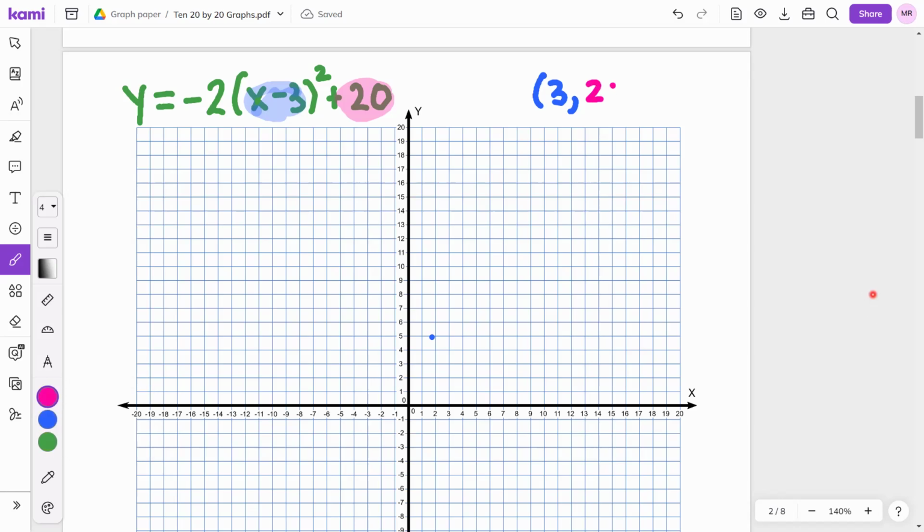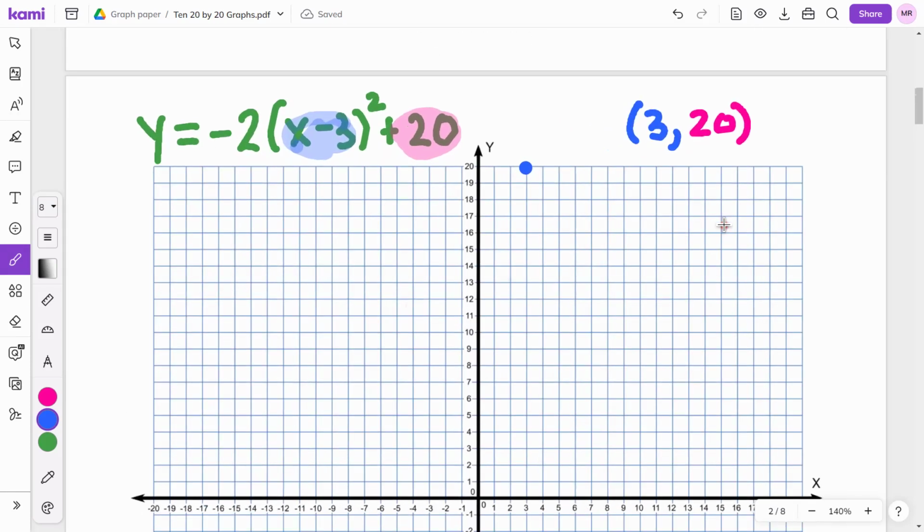Okay, 3, 20. And that's where I'm going to start my graph. So I am going to go to 3, 20. Okay, so 3, 20 right up here. And let me just kind of zoom out a little bit.